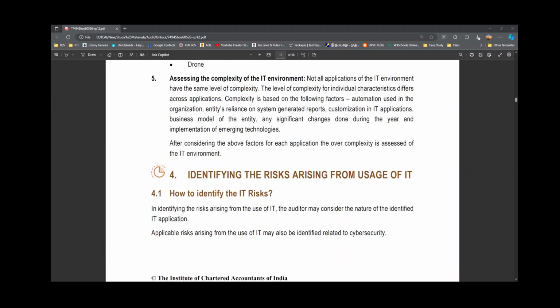The complexity is based on the following factors: the automation used in the business process, any application changes during the year, and the implementation of emerging technology. After considering the above factors, assess each application's overall complexity. This kind of complexity can be found only after each and every entity asset has been analyzed, that is, each application has been studied. After that, we can see which is complex and which is not.